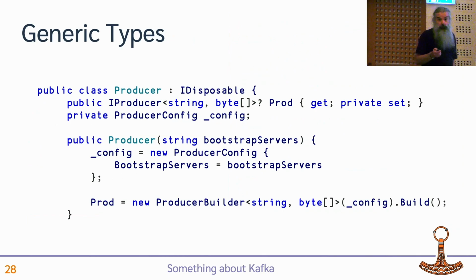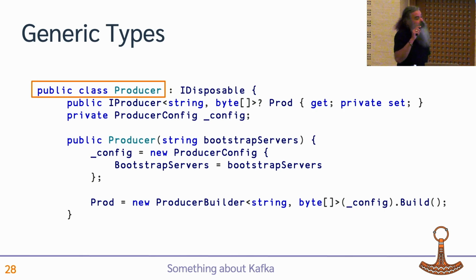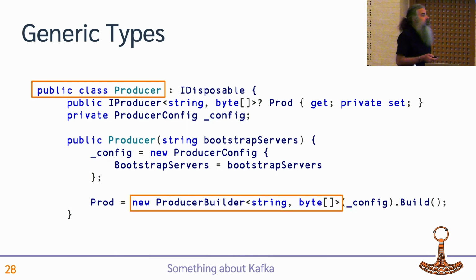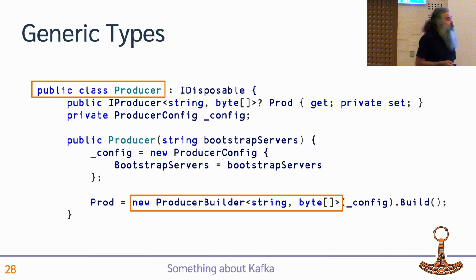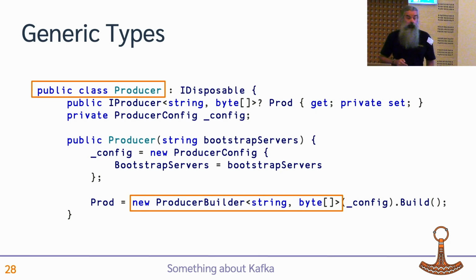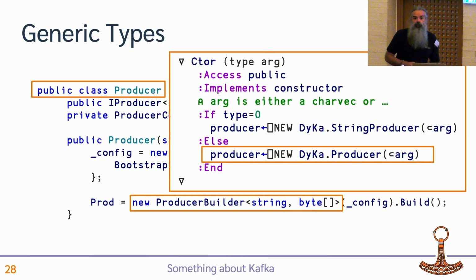Another potential solution, or at least a workaround, is again a slide that Stefan showed, where he produced his wrapper class called producer, which essentially produces a generic string byte array producer builder. And he created a new one of those from his APL code.